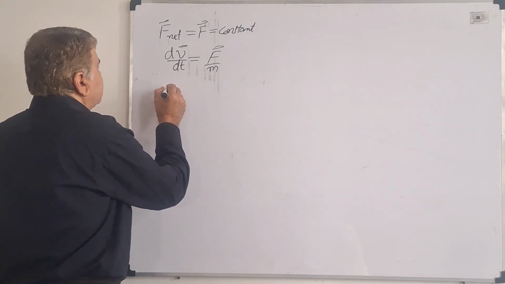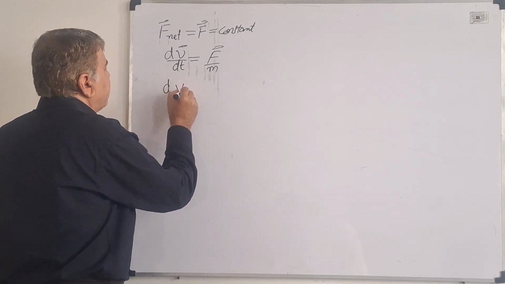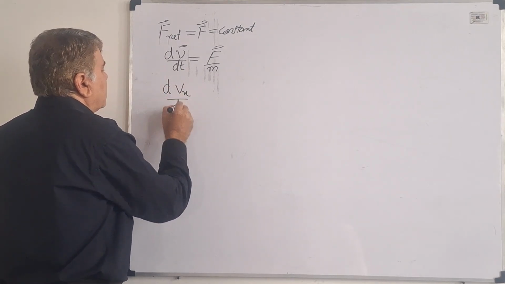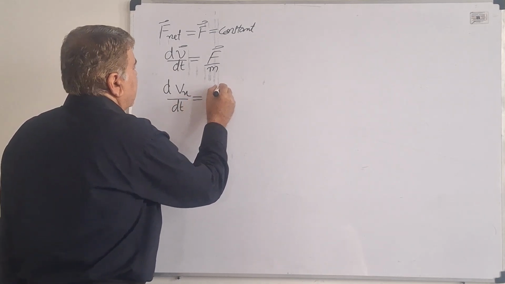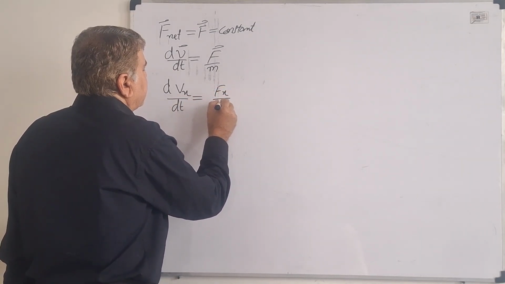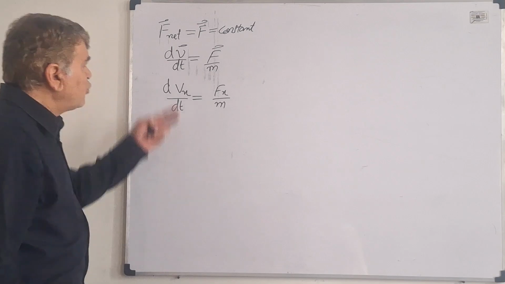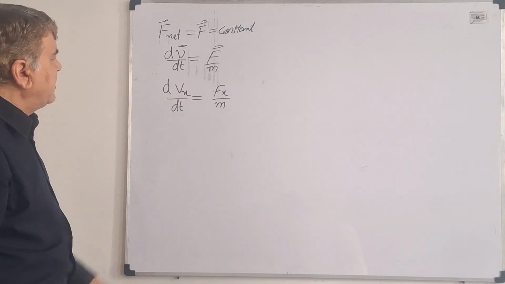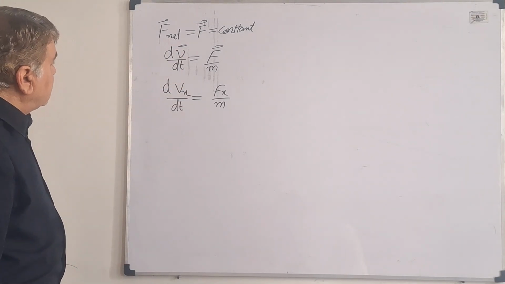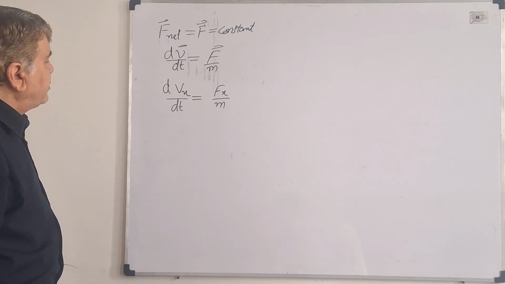So I can rewrite this equation for one dimension in the form dvx over dt equals F sub x divided by m. So I dropped the vector notation. Now I'm dealing only with a scalar equation in one dimension.